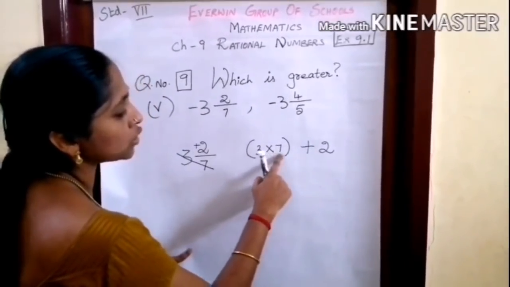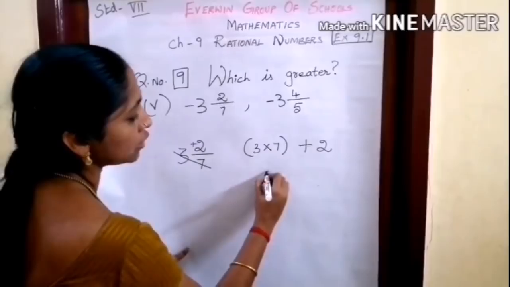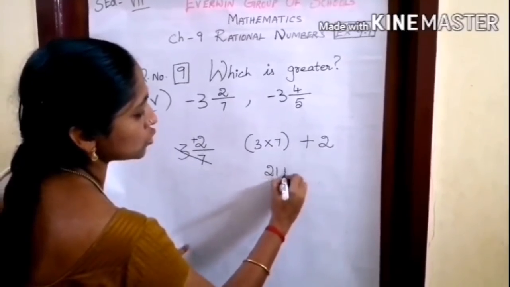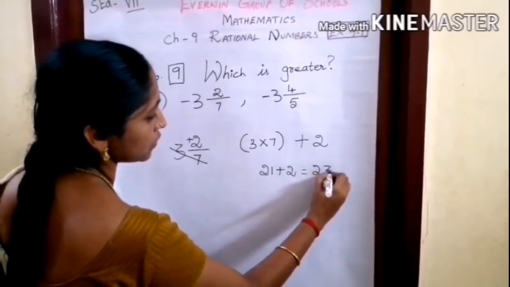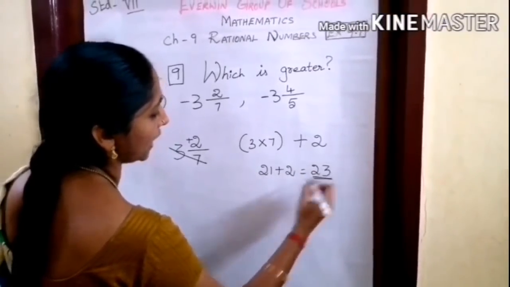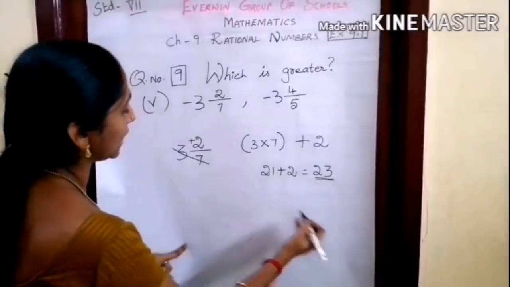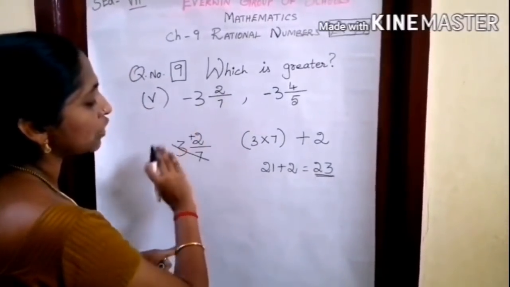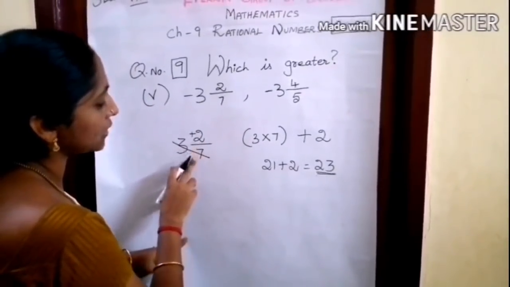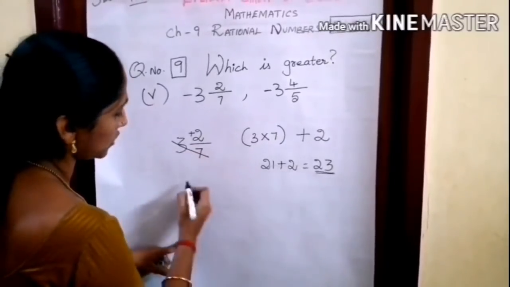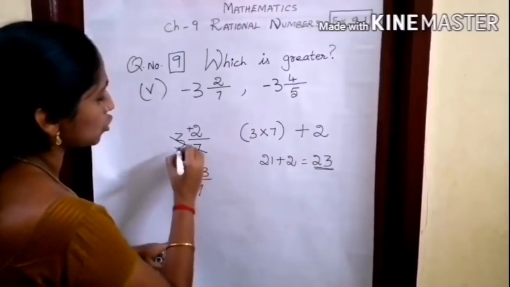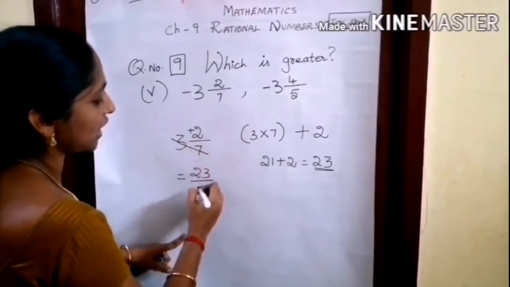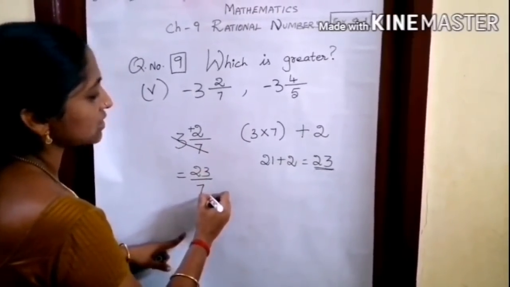What is 3 into 7? 3 sevens are 21, plus 2. What is 21 plus 2? 23. So, this is your numerator. The denominator is 7. We will not change the denominator. Here, the denominator is 7. So, the same denominator. 23 by 7. So, 3 2 by 7 is written as 23 by 7.